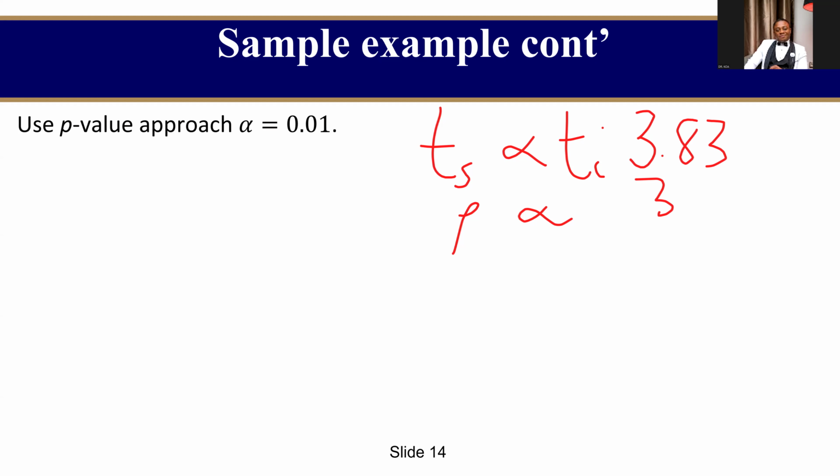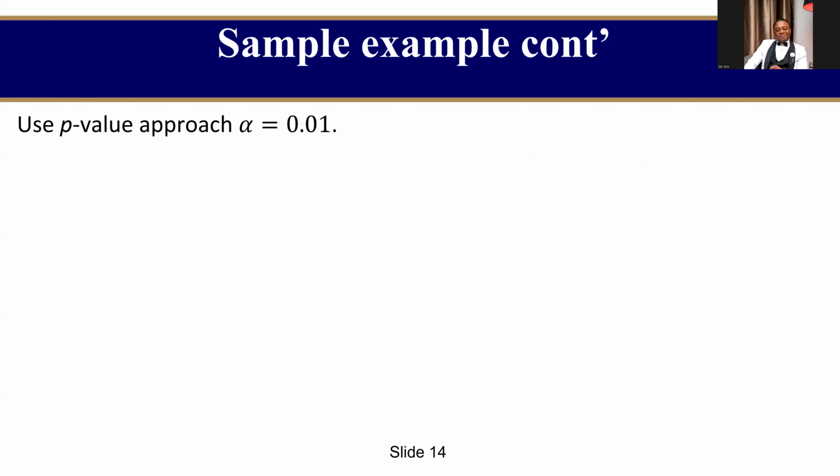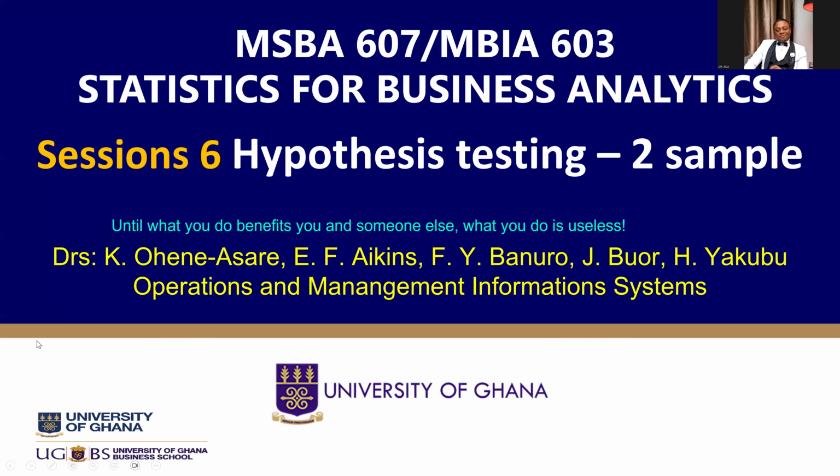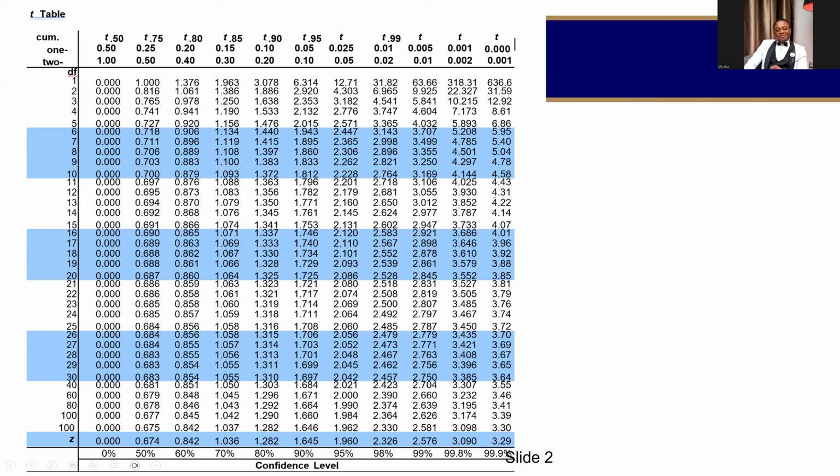This is very important though. Very important because you do the same thing. You have all of these tables given to you in the exam condition. So look at the table. This is a T table. We are going to look for 3.83. So we're going to search this entire swimming pool here.